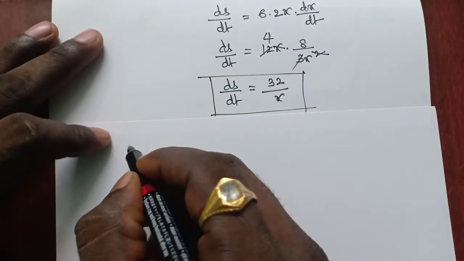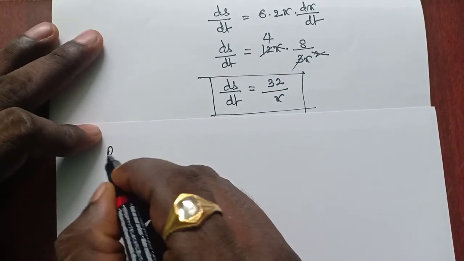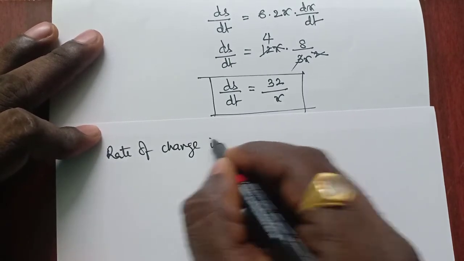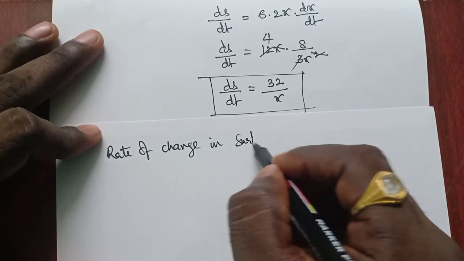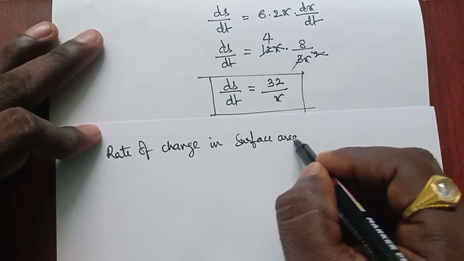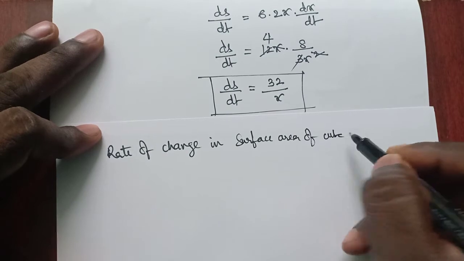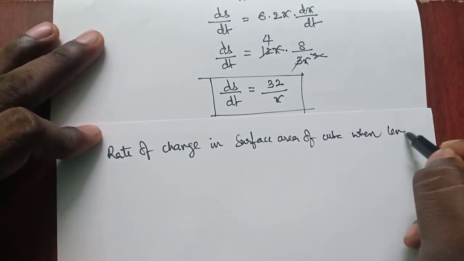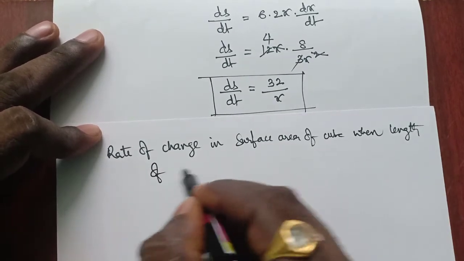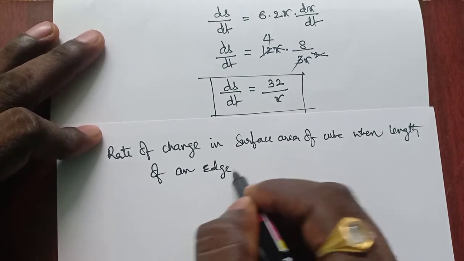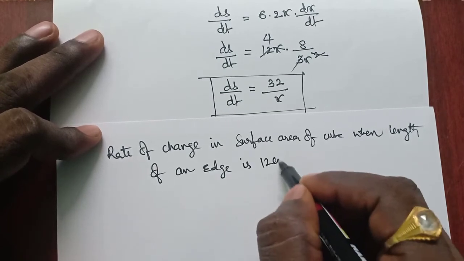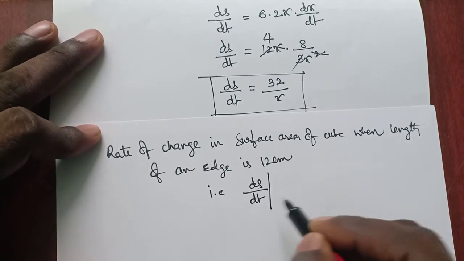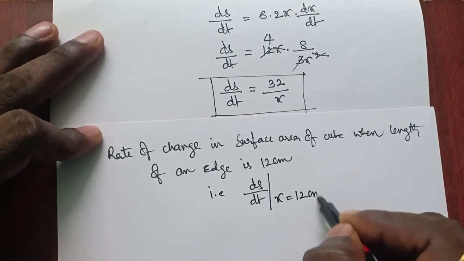So the rate of change in surface area of the cube when the length of an edge is 12 centimeters is ds by dt at x equal to 12 centimeters.